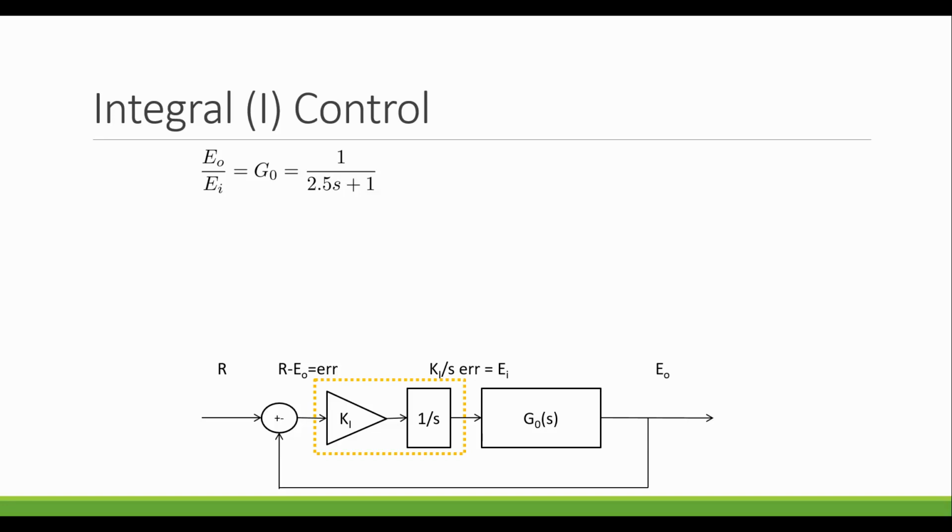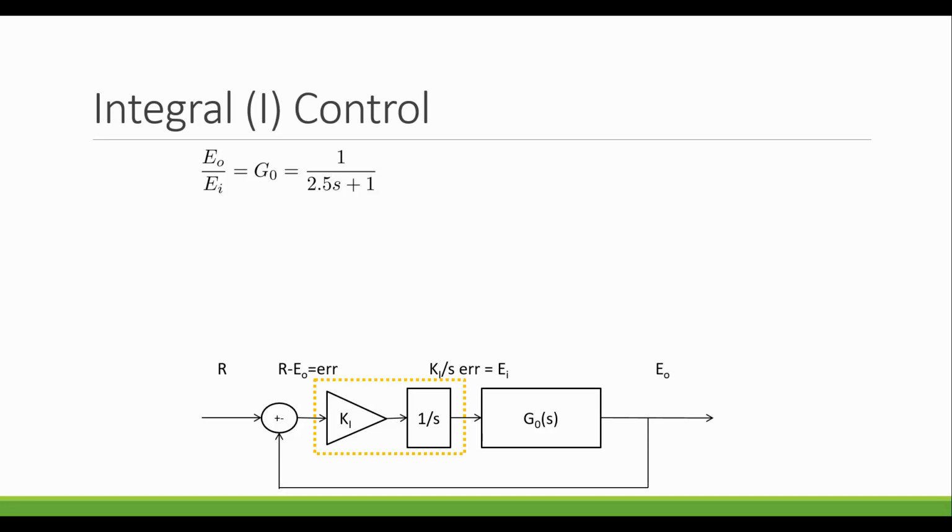For the proportional controller, it would just be that op-amp doing some sort of amplification of the signal. But now we're going to amplify the signal and pass it through this 1 over S block. As we know from the Laplace transform, 1 over S is integration.